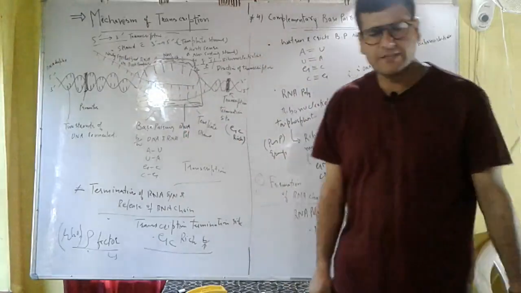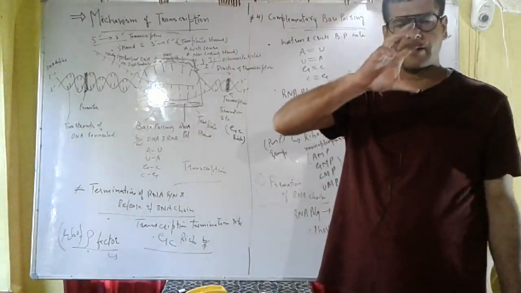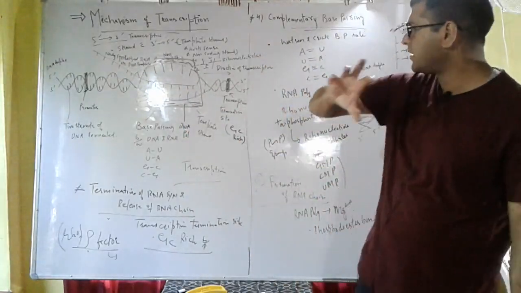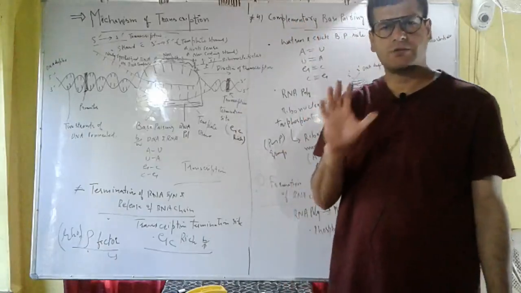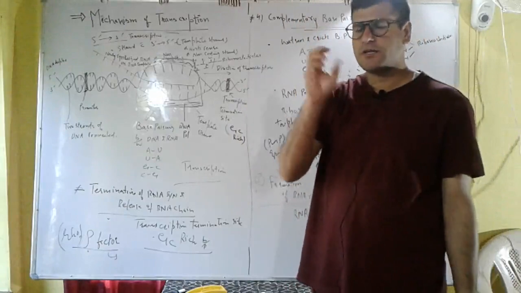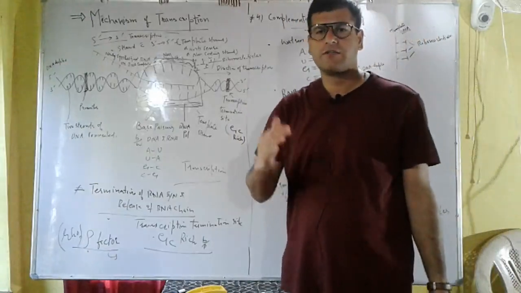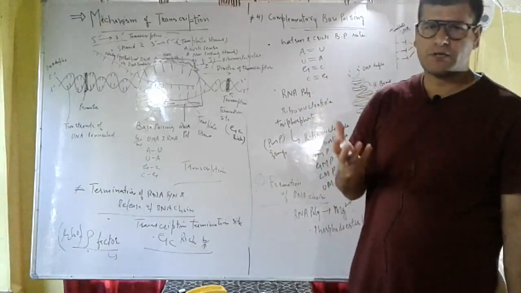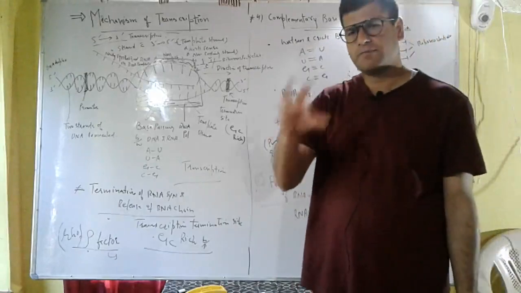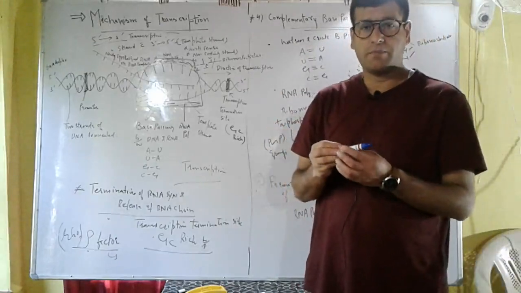Now, we can say that when this RNA polymerase reaches the transcription termination site, transcription halts. The Rho factor plays an important role in the termination of transcription.